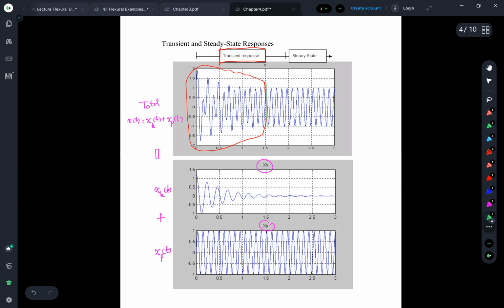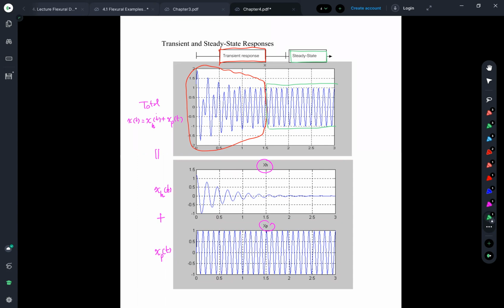And after the transient response, what we found is something very steady. That means the effect of the homogeneous solution or the initial condition is already zero, right? No effect. And the vibration at the steady state is controlled by the XP, the particular solution only.